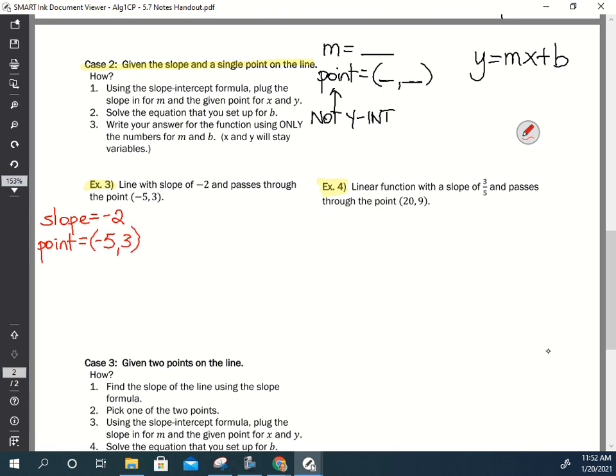Here's what that means. The slope is still the m value. -5 would be x, and 3 would be y.